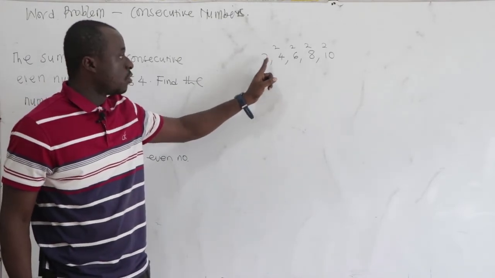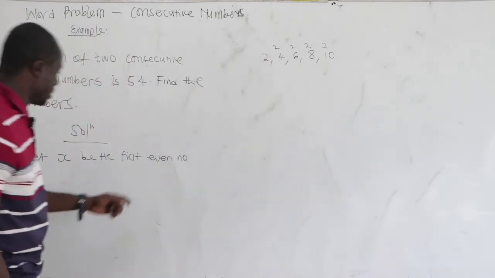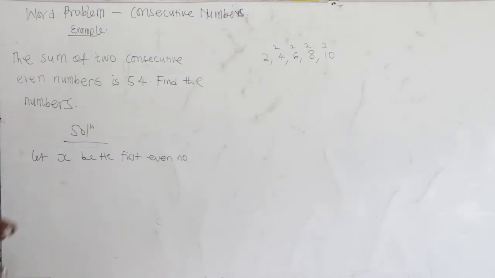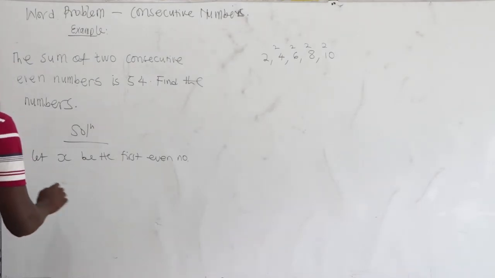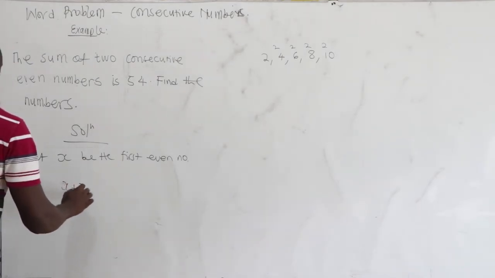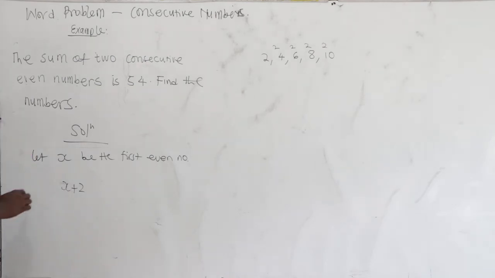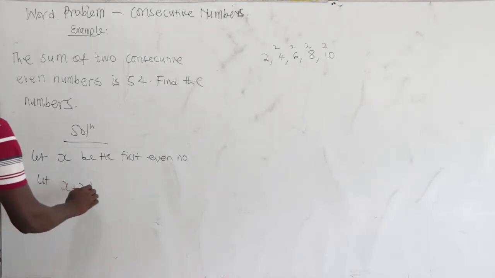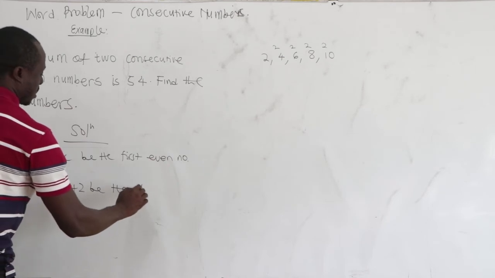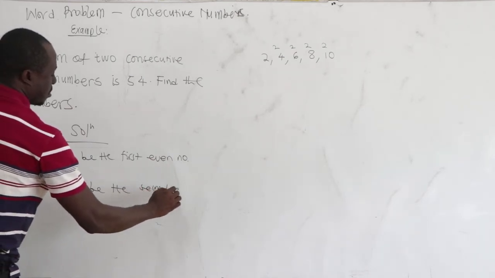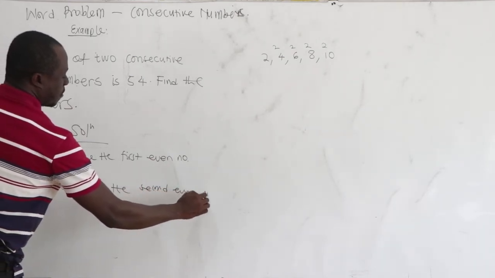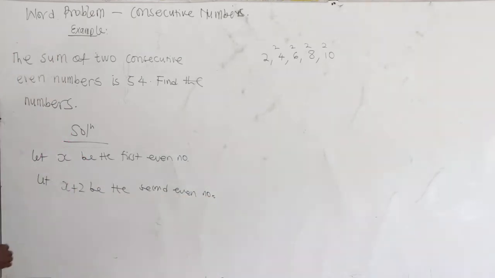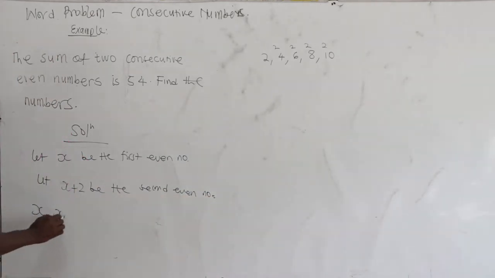How did you get 4? 2 plus 2. But in this case, the first is x. What do you think will be the other one? Clearly, the other one will be x plus 2. So let this be the second even number. That is, the numbers are x and x plus 2. These are the even numbers.